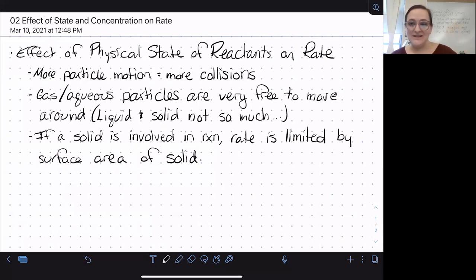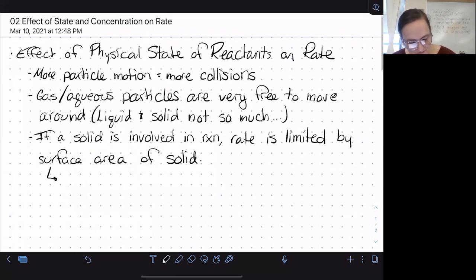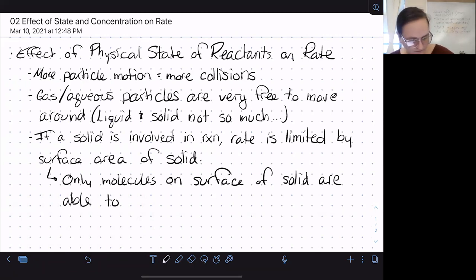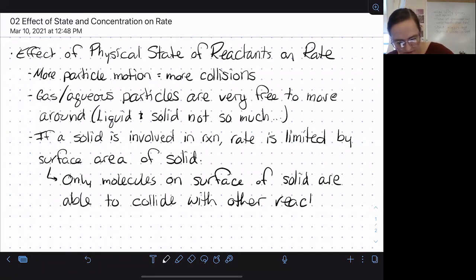So anything that's inside, if you have one big chunk, isn't available for collision. So only molecules on the surface of the solid are able to collide with the other reactant.